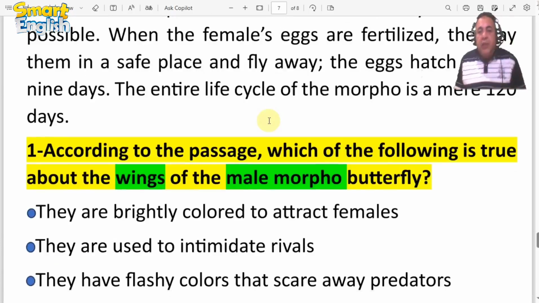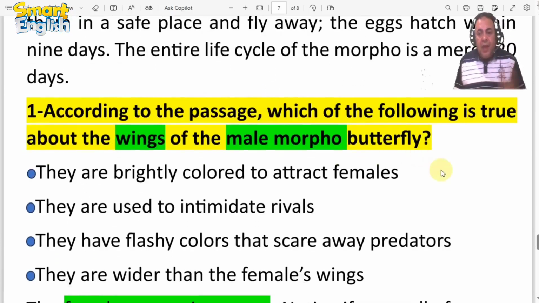Let's go directly to the question without wasting our time. As you can see, here is the question you will face in your test today. Please pay attention and focus with me on how to search for certain keywords in the question and choose the right answer. According to the passage, which of the following is true?